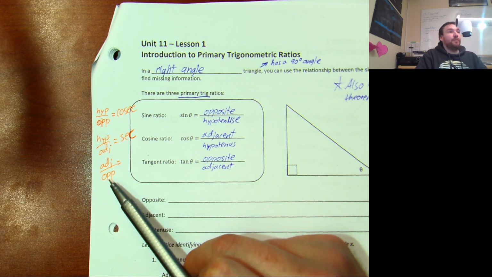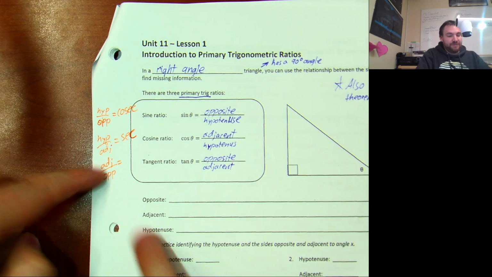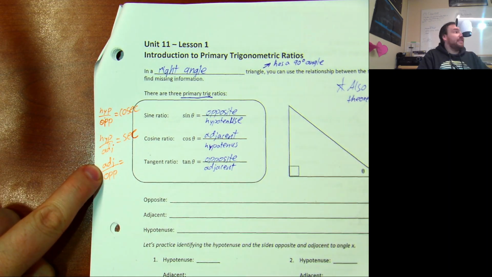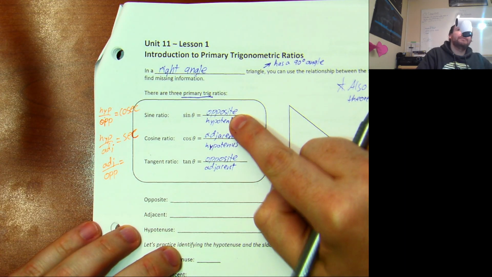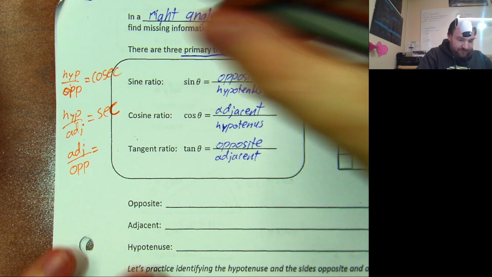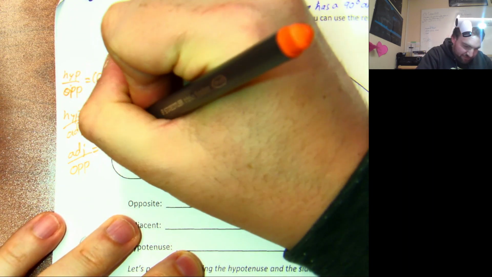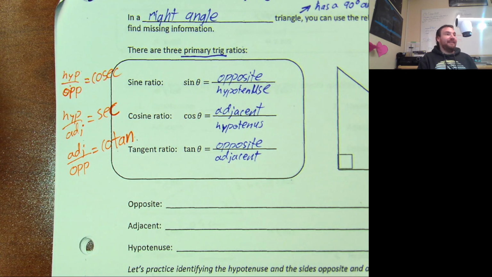Adjacent over opposite is the flipped version. We took this ratio and flipped it. We're just flipping these ratios. Adjacent over opposite, we call cotan. It does sound like a tropical island, and I assure you a tropical island is better than cotan. So we've got cosec, secant, and cotan, using these different sides here.